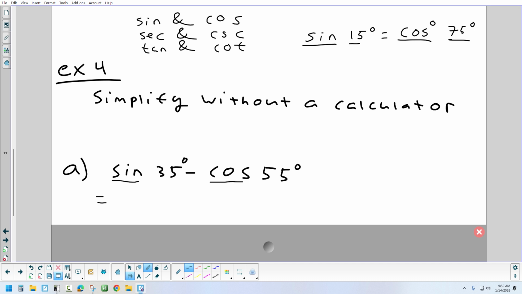Just having a sine minus a cosine isn't always 0. It has to be very special, like this one. You have to have complementary angles. So if you have co-functions of complementary angles, we know they're equal. I don't know what this is, I don't know what that is, but I know they're the same. And if I subtract two things that are the same, I get 0.